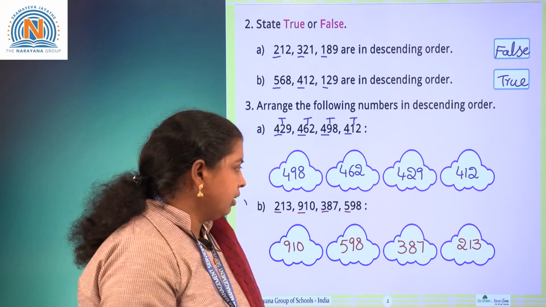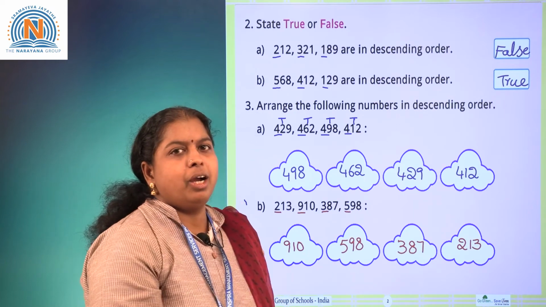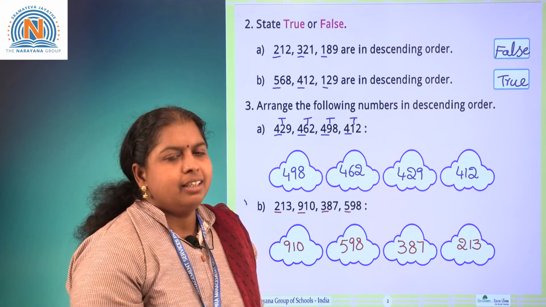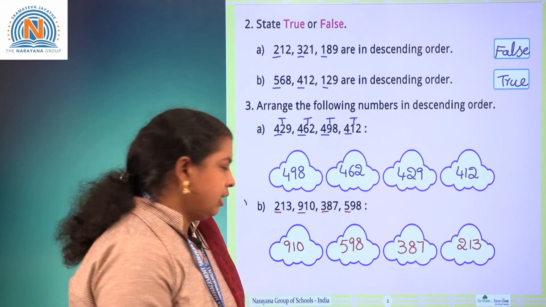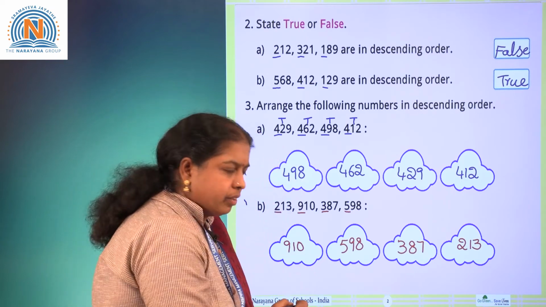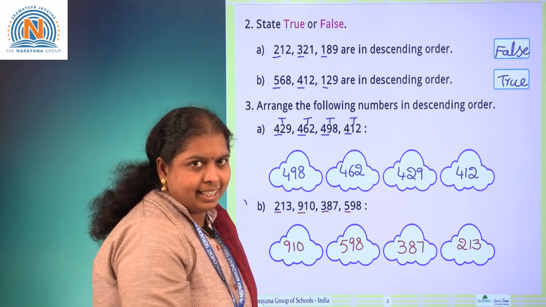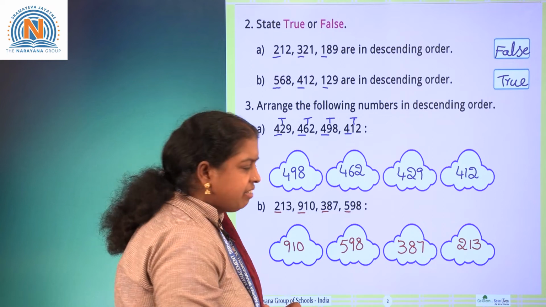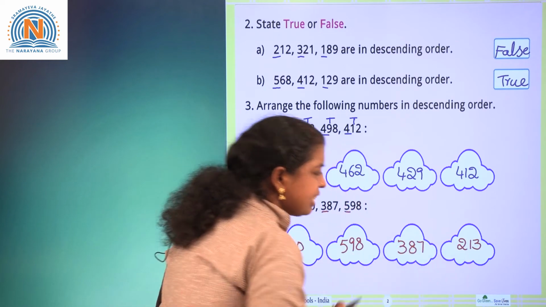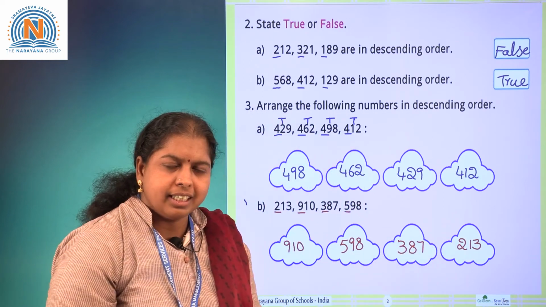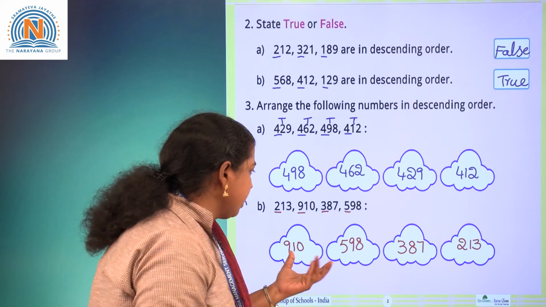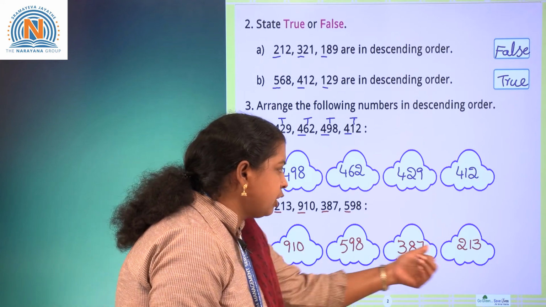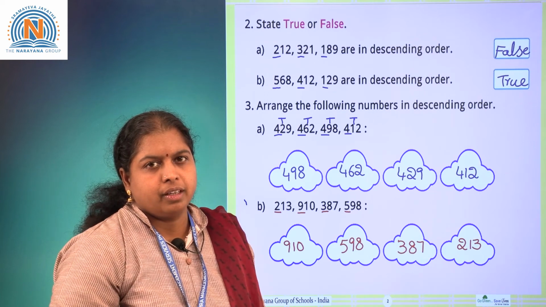Again recheck whether you have arranged the given numbers in descending order or not. 910 is greater than 598. 598 is greater than 387 and 387 is greater than 213. So the numbers were clearly arranged from greatest to smallest.